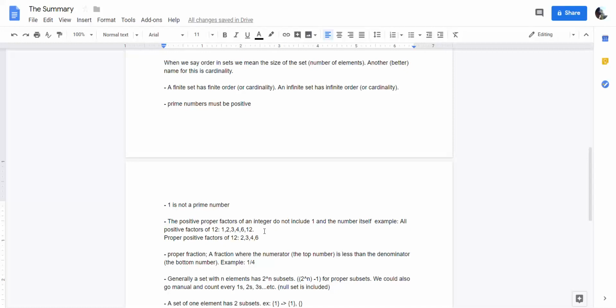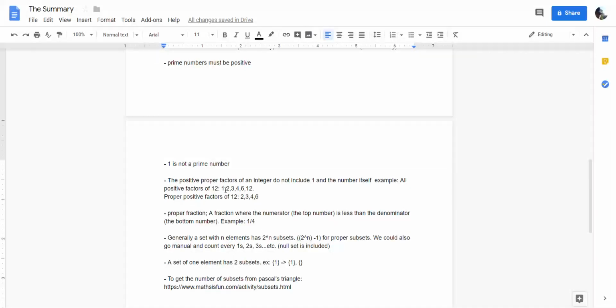That's when you call it a proper subset. For proper factors, 1 and the number itself are not considered factors at all.